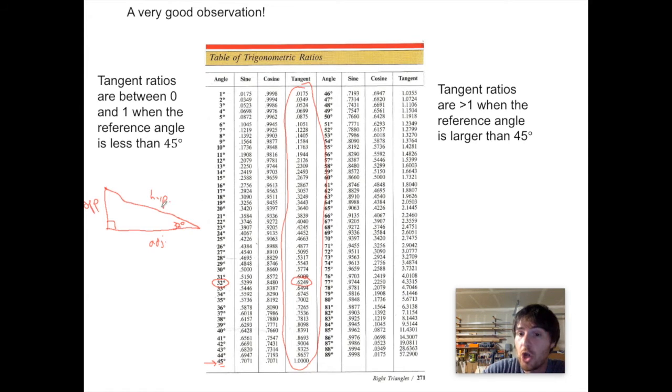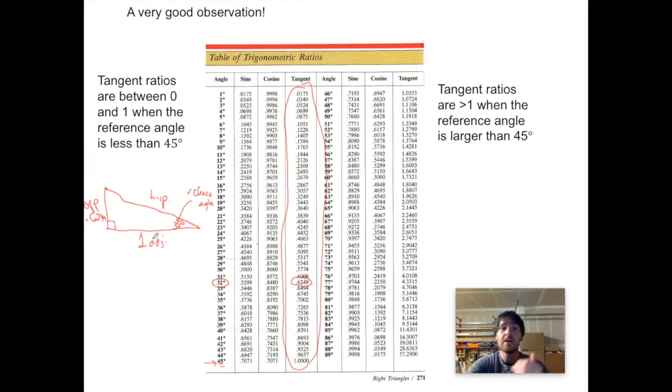The hypotenuse is obviously the largest side here, but if I've got a 32-degree reference angle, right here, my opposite to adjacent ratio is 0.62. So if the opposite side is 0.6249, the adjacent side has got to equal 1, in that kind of ratio.